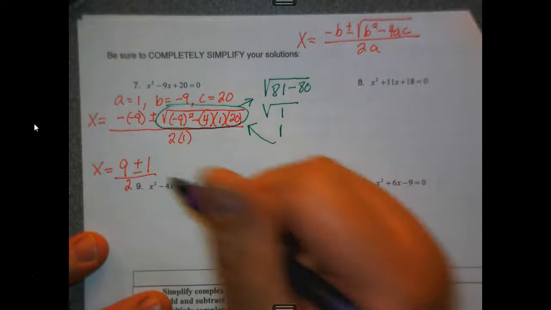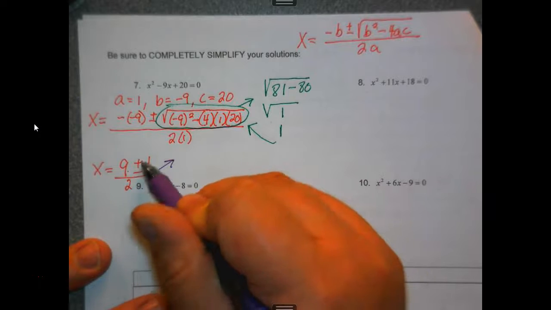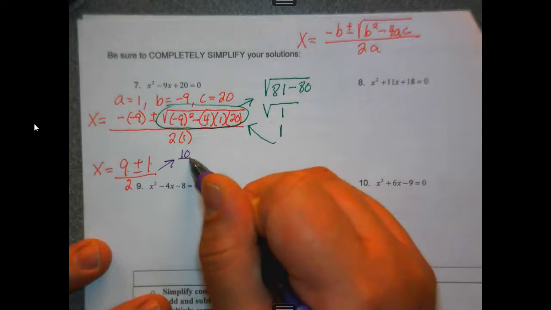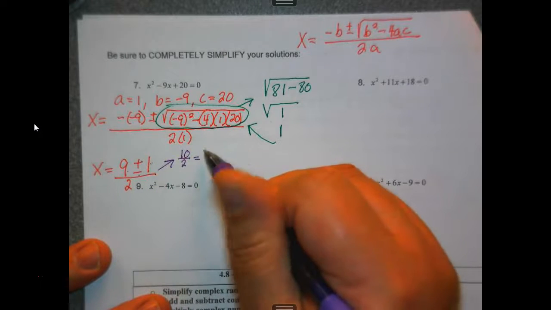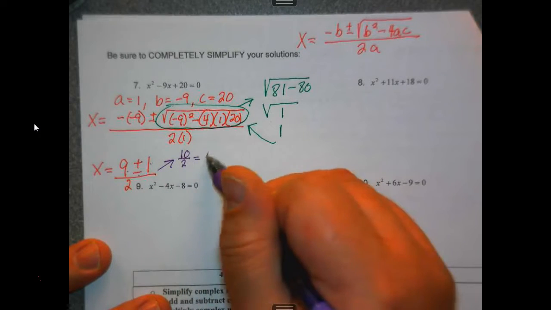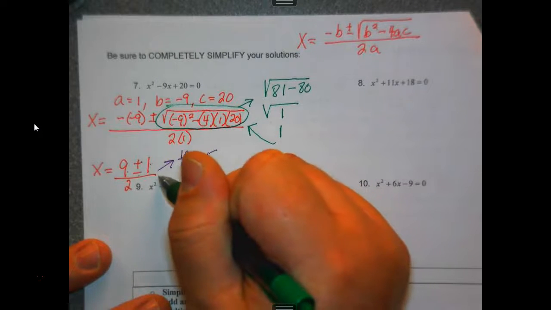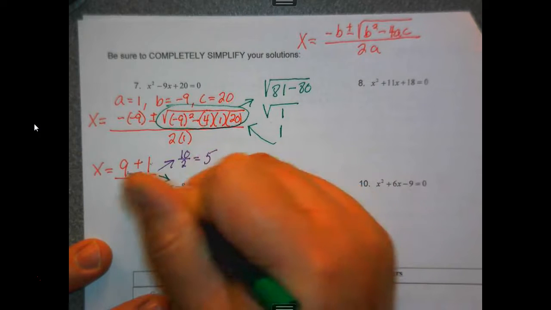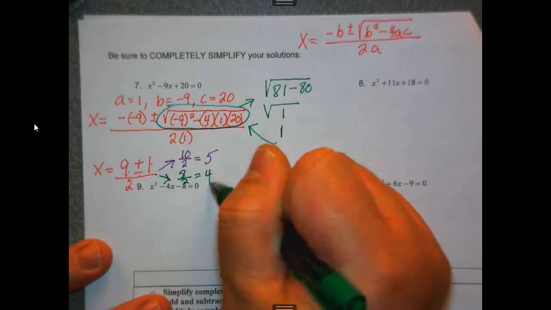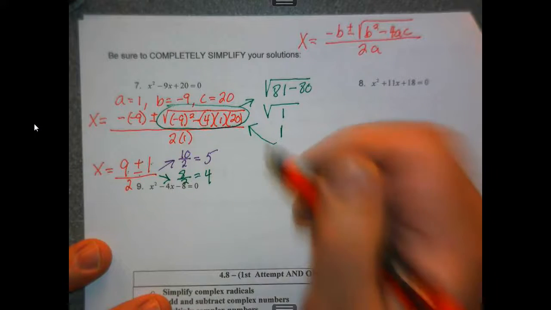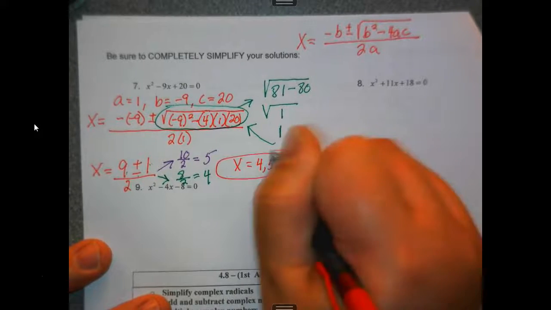Okay, I'm still not simplified all the way. 9 plus 1 is 10 over 2, which is 5. Then I have to do the other one. 9 minus 1 is 8 divided by 2, which is 4. So my answer here, x equals 4, comma 5.